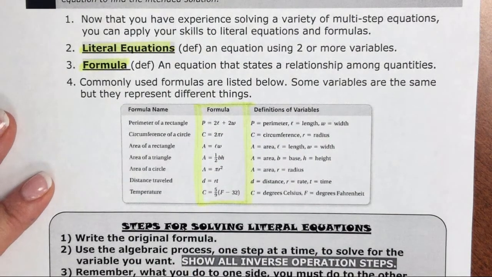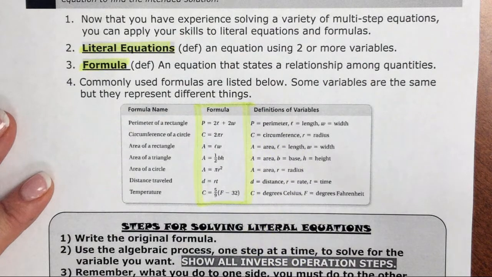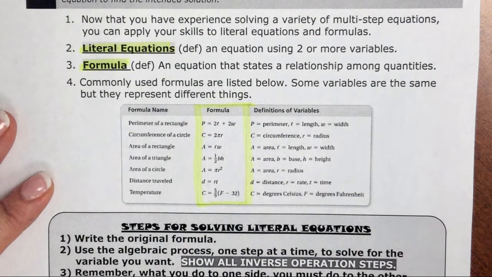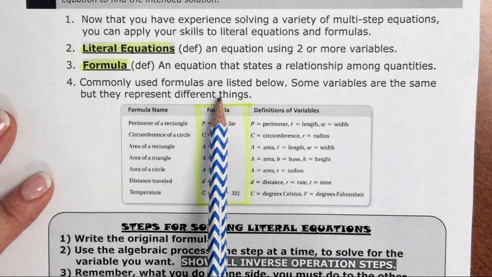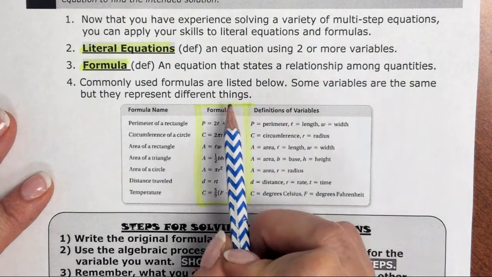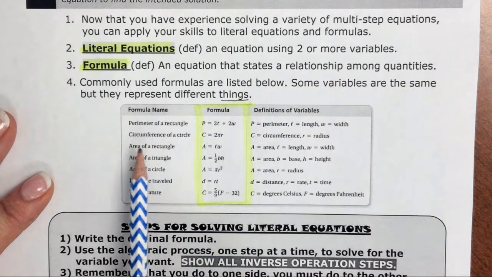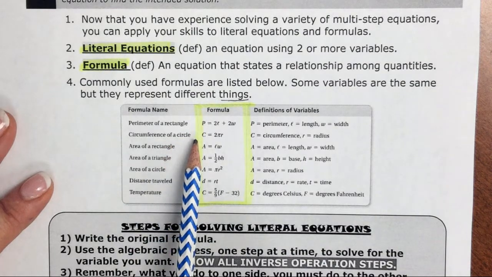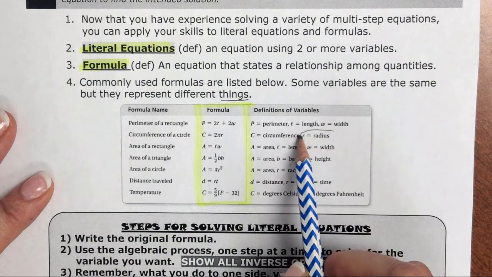The thing that's important to note is that some of these formulas that we know have the same variables, but they represent different things. I think your notes may say amounts. If you could change amounts to things, that would be great. Look at the circumference of a circle formula. Here, we know that R stands for radius.